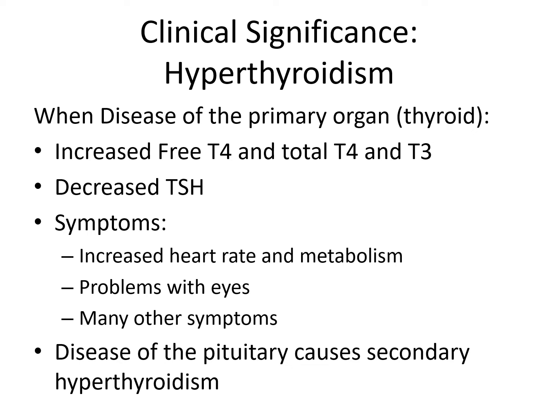Why is it like that? Because of the feedback mechanism. In negative feedback mechanism, when the stimulus is high, the result is low, right? So what will happen when there is too much T3 and T4? Remember, it has something to do with metabolism. So in this case, there will be increased heart rate and metabolism.